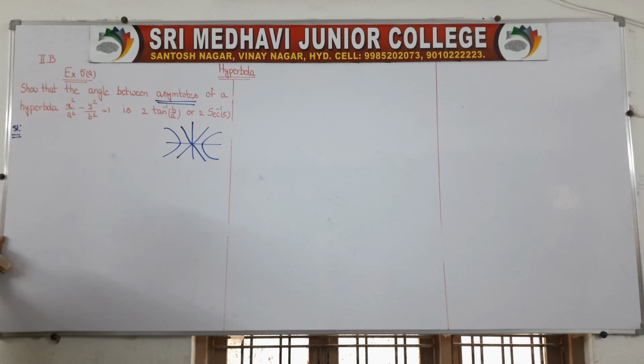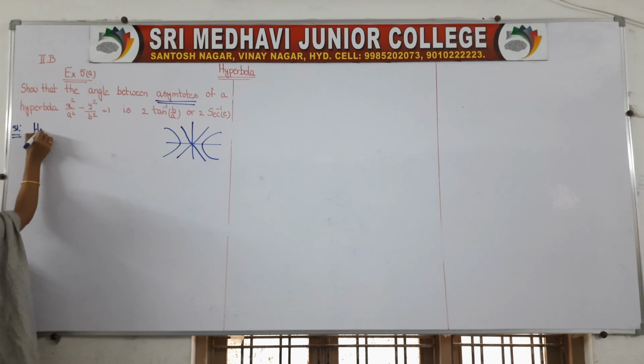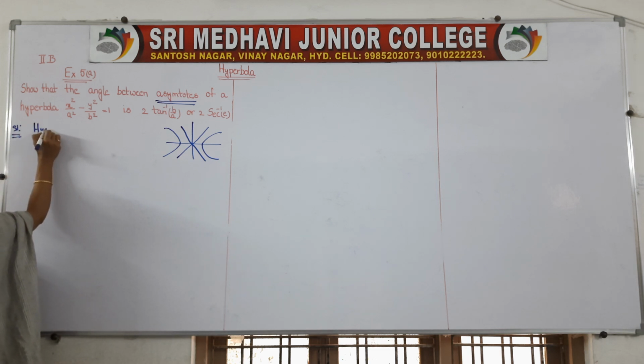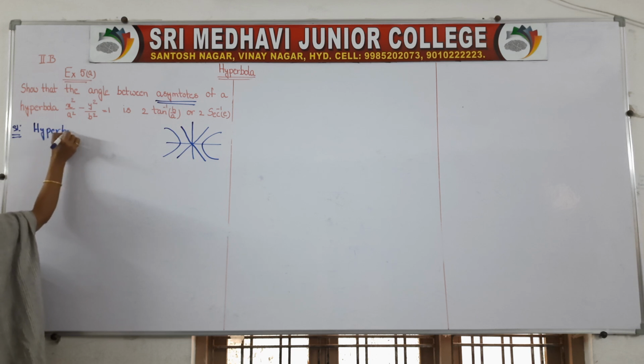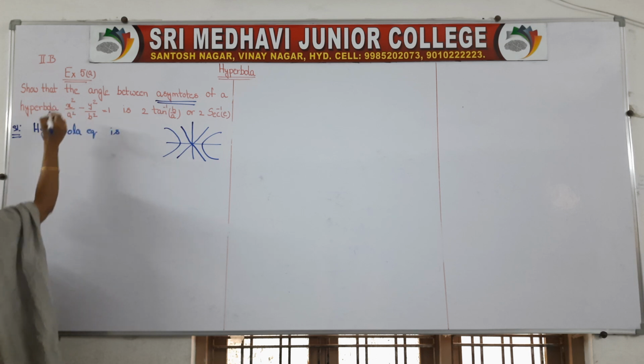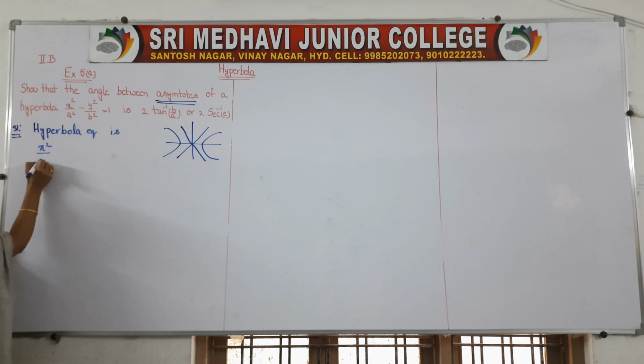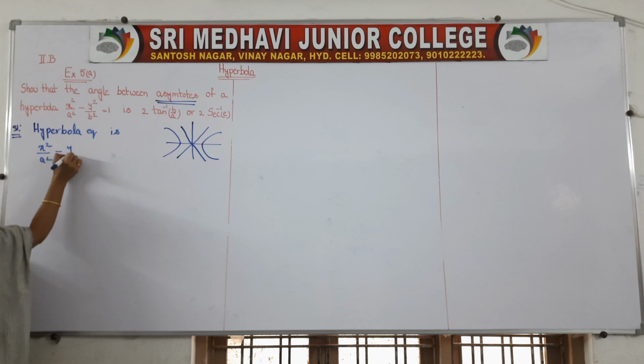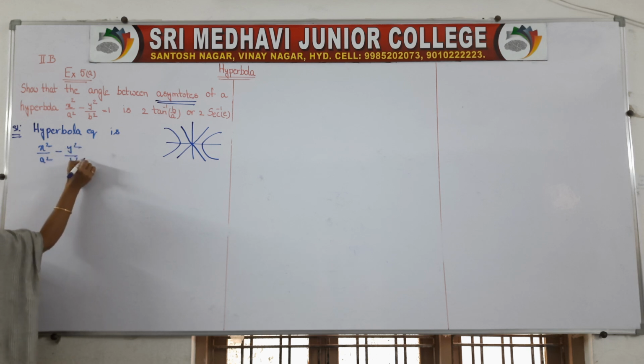First take the hyperbola equation in standard form. The hyperbola equation is x square by a square minus y square by b square is equal to 1.